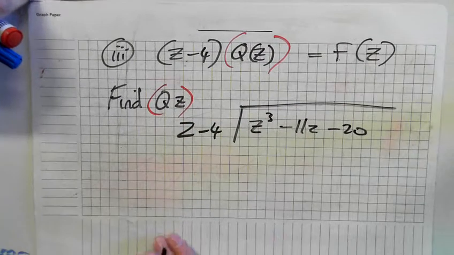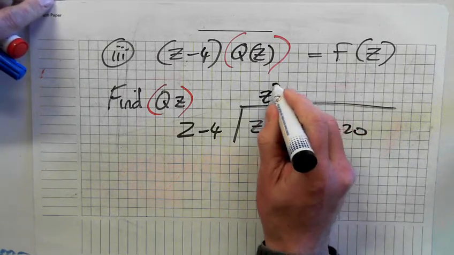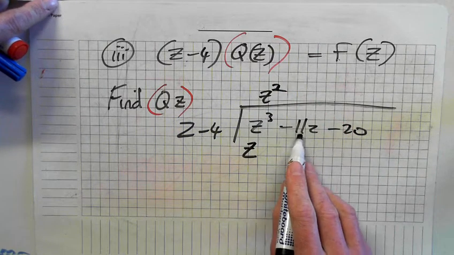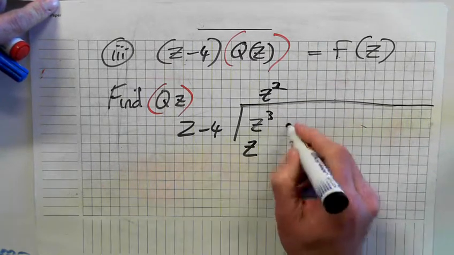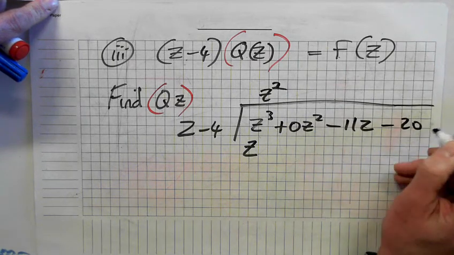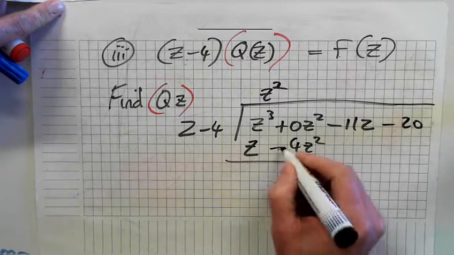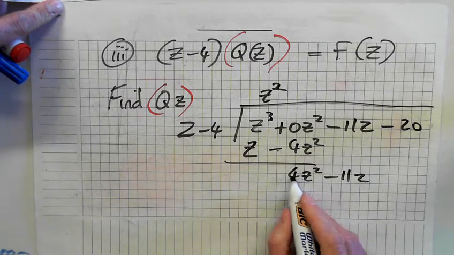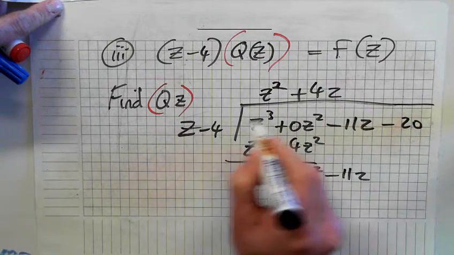Z minus 4. So z into z cubed, z squared, multiply. Push it over. So minus 4z squared. Change the sign: 4z squared minus 11z. z into 4z squared, that's a 4z.